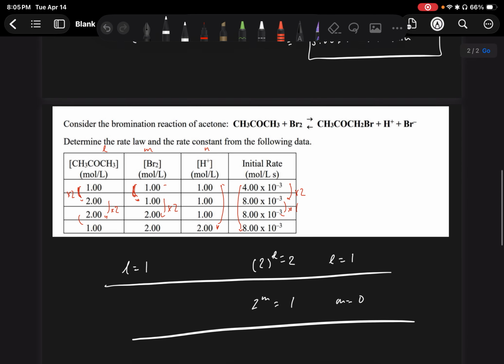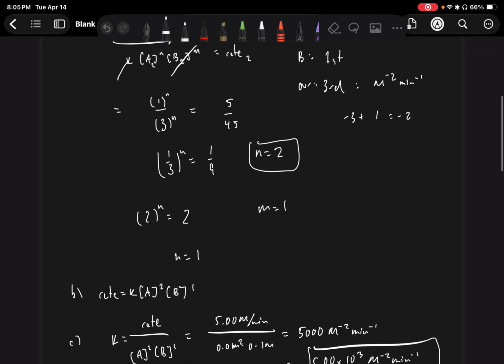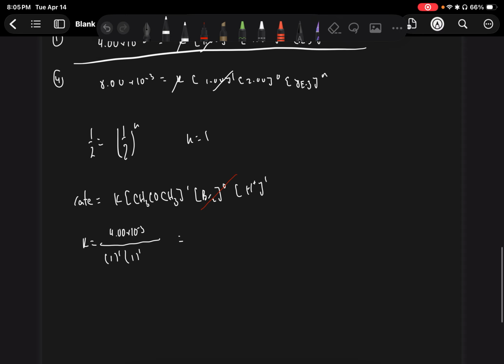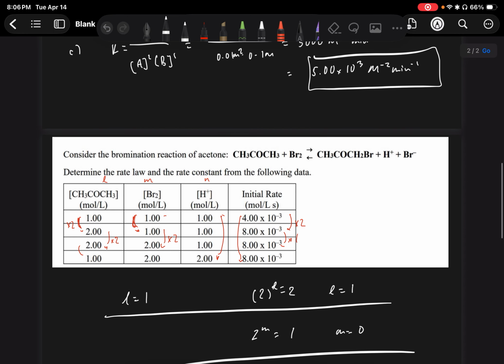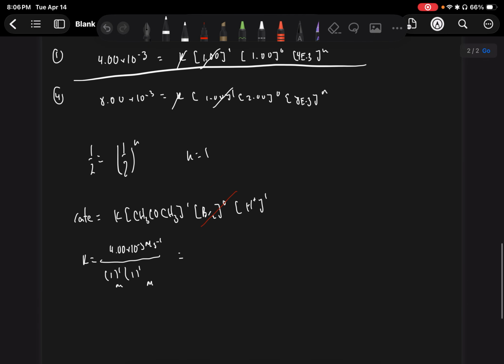H plus will be 1 to the power of 1. And then the rate, what would the rate be in this case? 4.0 times 10 to the negative 3. Okay, now make sure the units are right. Units on the top, M S negative 1.